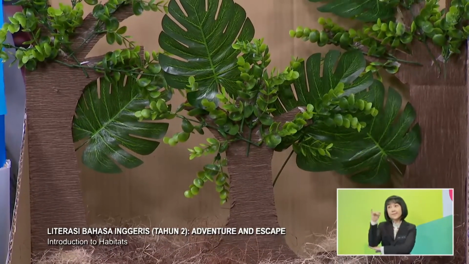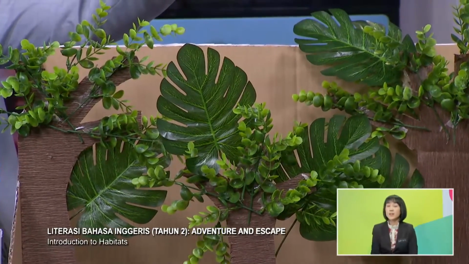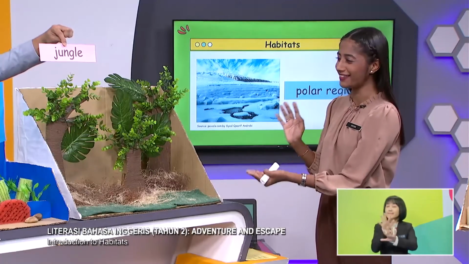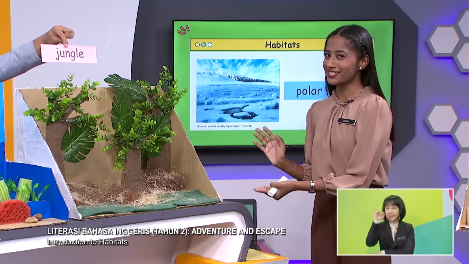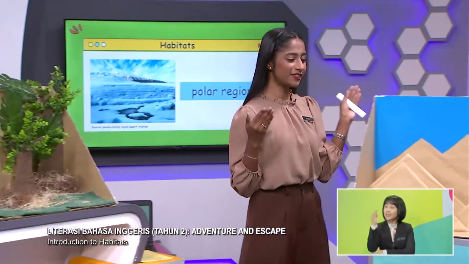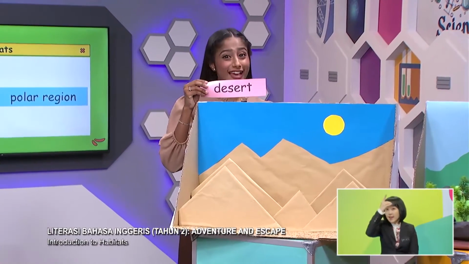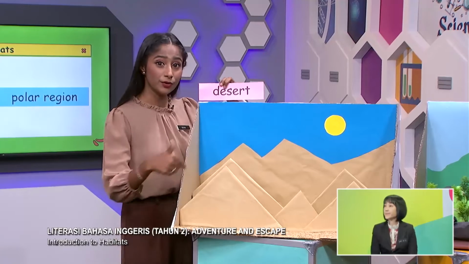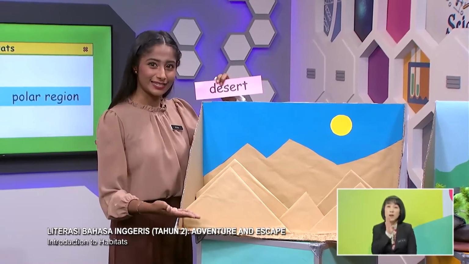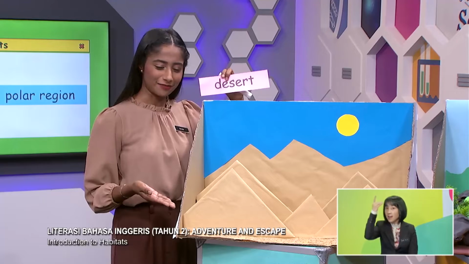Next, we have jungle. At the jungle, we have many trees, and they are green. Over this side, we have desert. At the desert, the brown thing is sand.